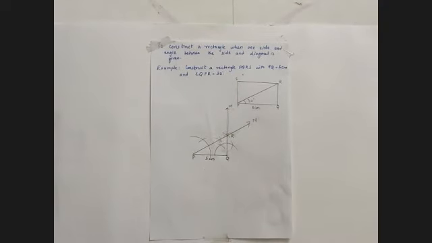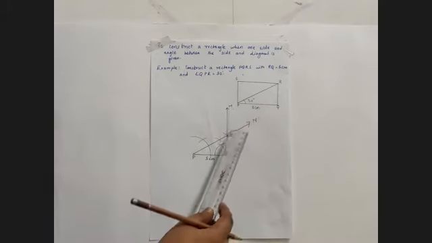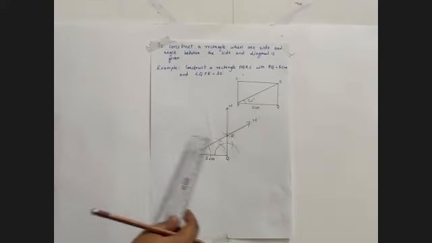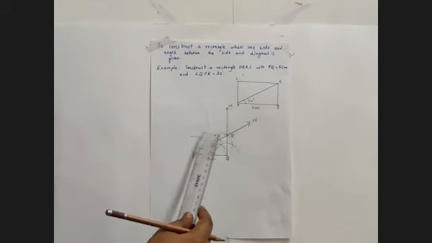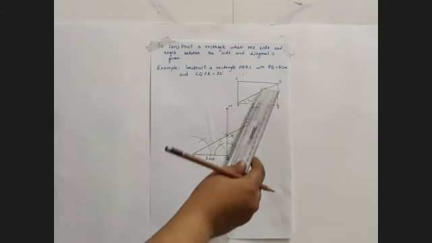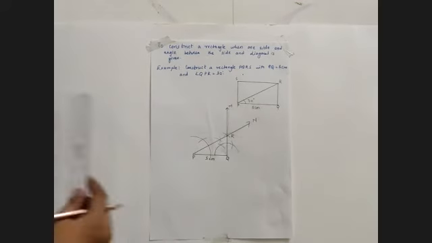Now what I have to do? Again, I will draw 5 centimeter from here. Why 5 centimeter from here? So that I can get the fourth vertex.